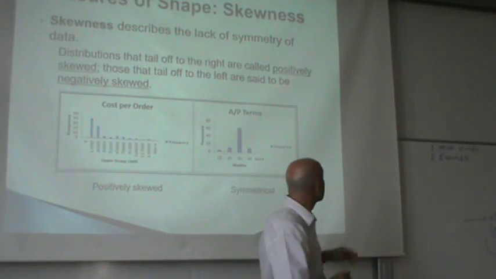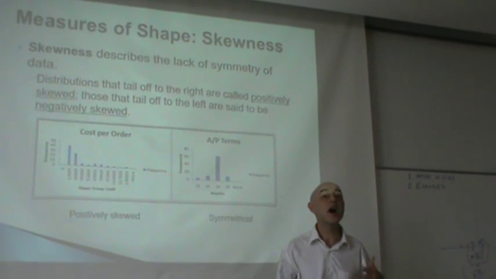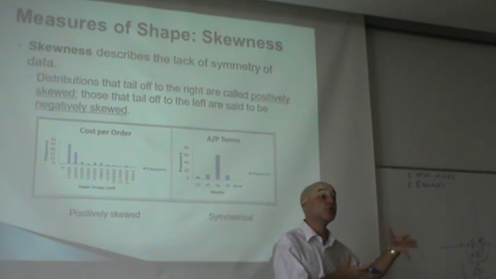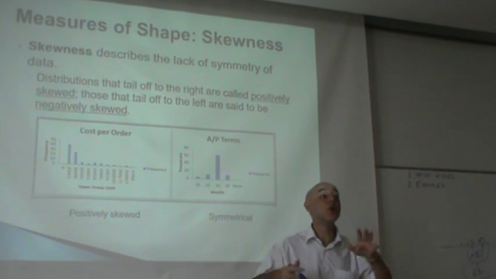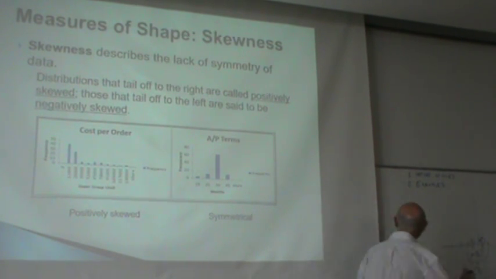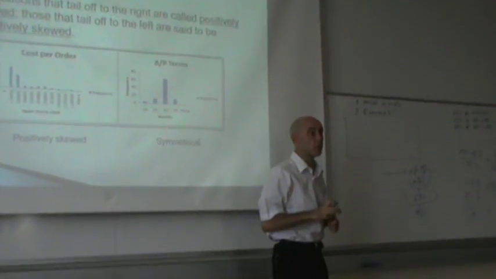Next one is skewness. And skewness tells you how uneven the distribution is. If you have too many on the left or too many on the right. An example would be, let's say, rich and poor people.